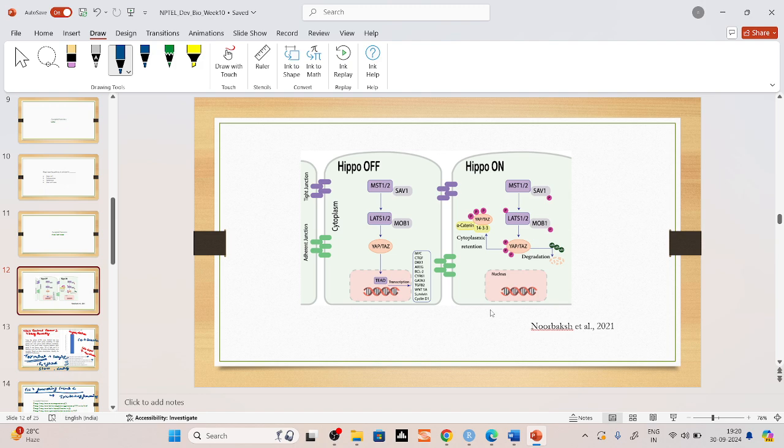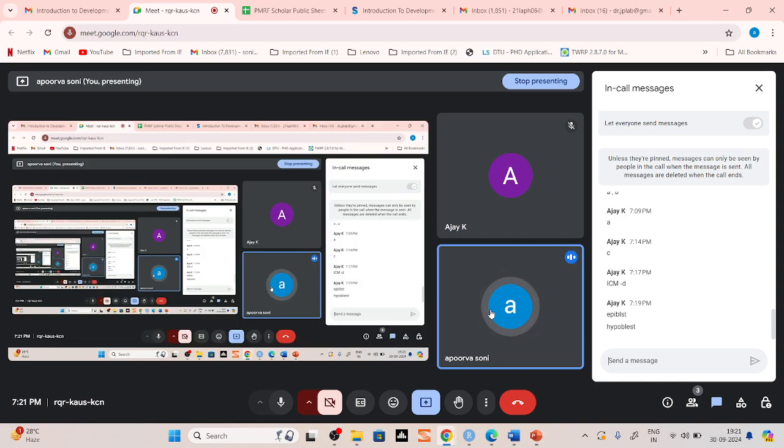We have studied various pathways such as the Wnt signaling pathway, AKT pathway, Janus kinase pathway, JAK-STAT pathway. These are important because they regulate and govern the activity of various transcription factors in a controlled manner. In the presence of the ligand, something will happen; in the absence of the ligand, something will happen. This is again those pathways we have studied: epiblast, hypoblast.